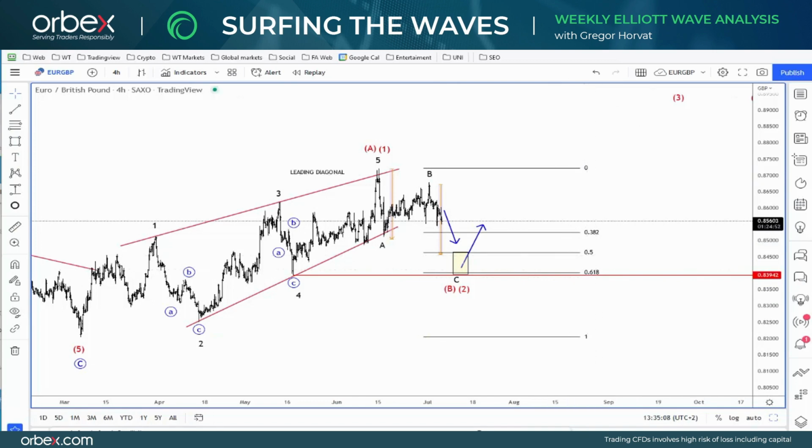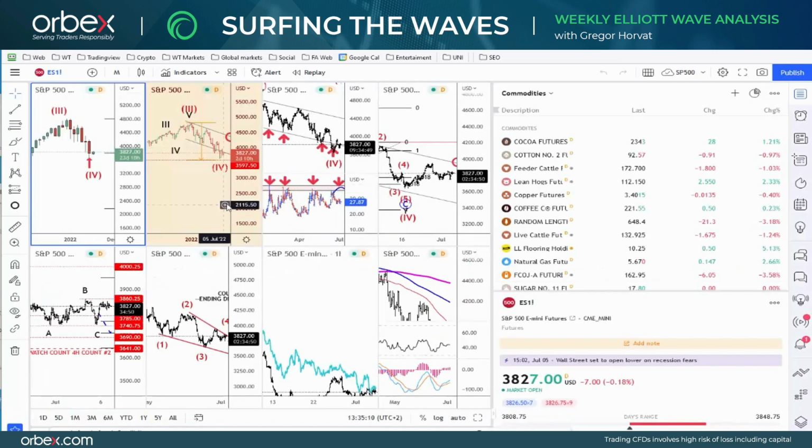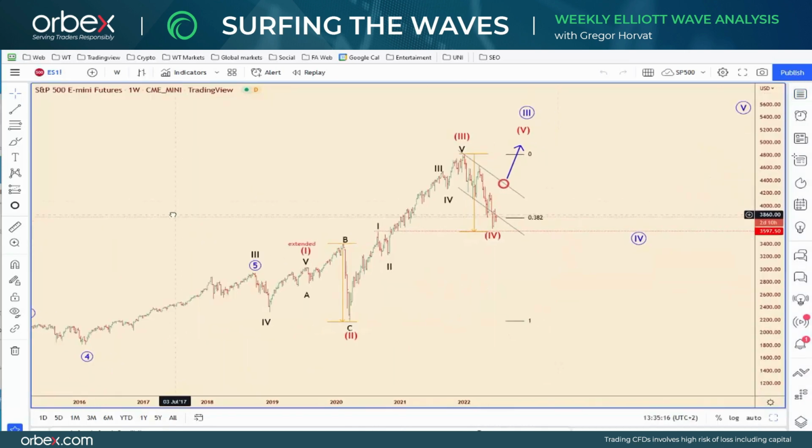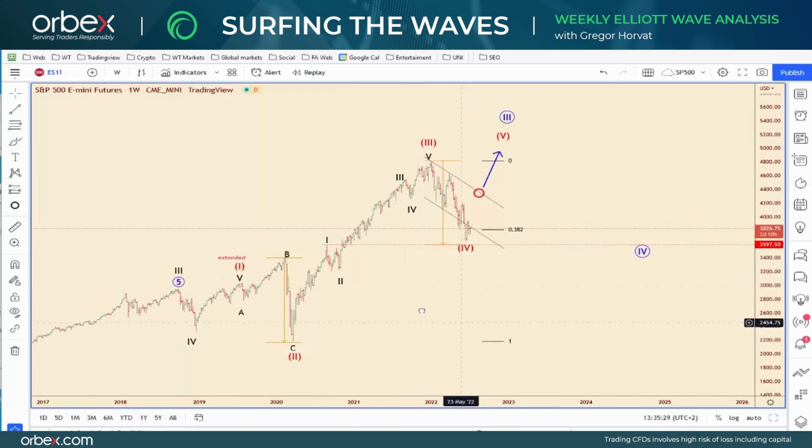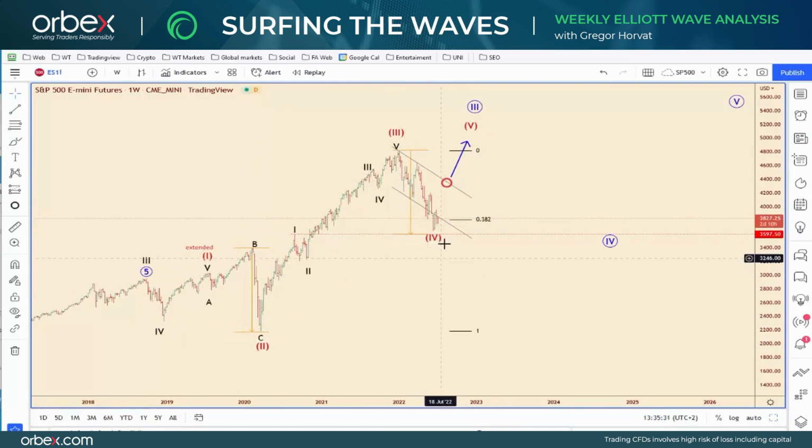Okay, and now finally let's take a look at the S&P 500. On a higher degree chart, what we are seeing is a very nice, deep pullback. A reversal has started since the start of the year, when we had this new change in policy from the Fed. Obviously the US dollar is getting strong while US stocks are coming to the downside, but I know there is a lot of fear going on.